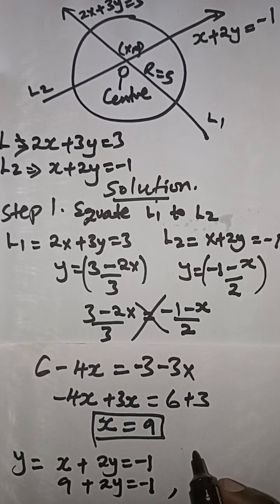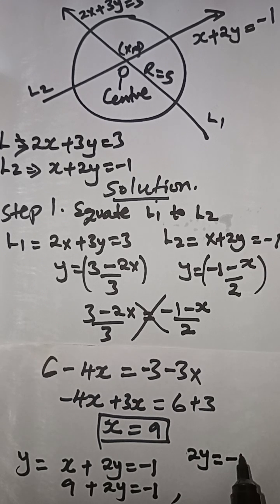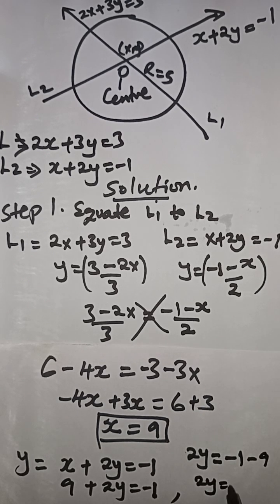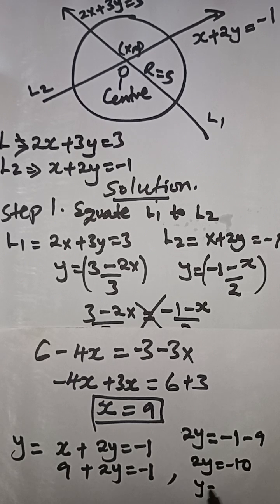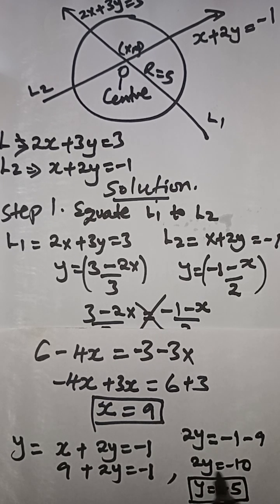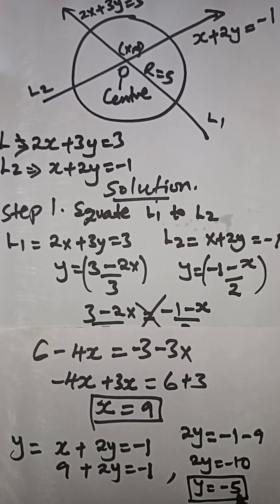Solving it further, 2y equals -1 minus 9, so 2y equals -10, and of course the value of y becomes -5 if you divide all through by 2.